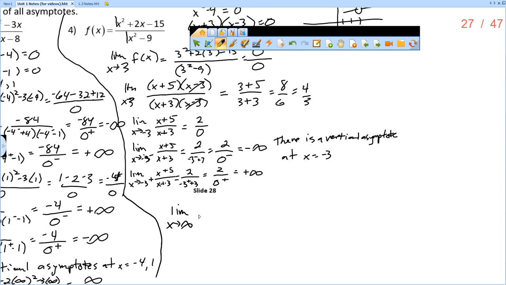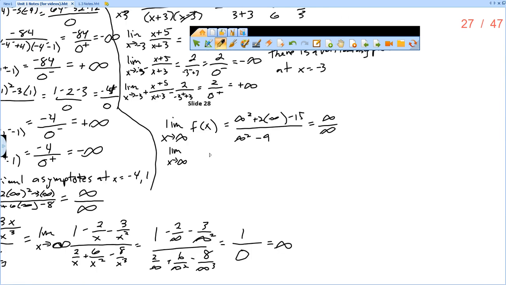We need to show that the limit as x approaches infinity of this function f of x is in fact a number, right? So we need to show that work, right? So when we initially plug in, we get infinity squared plus 2 times infinity minus 15 divided by infinity squared minus 9. Of course, this is going to result with infinity over infinity. And so then we want to divide everything by the highest power of x, right?